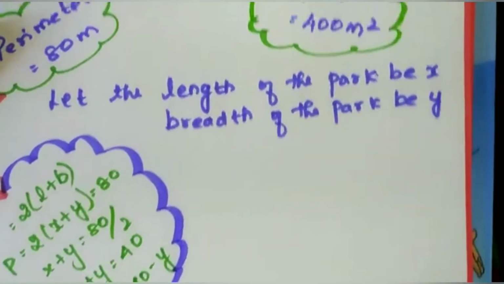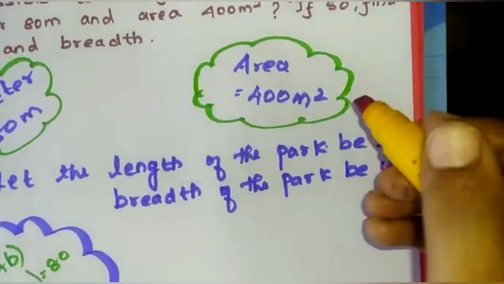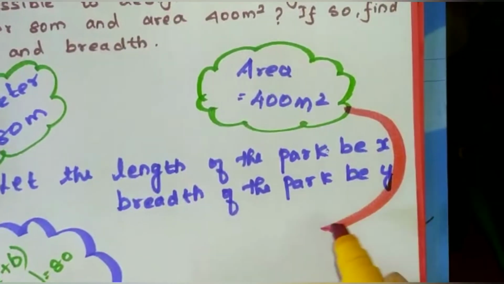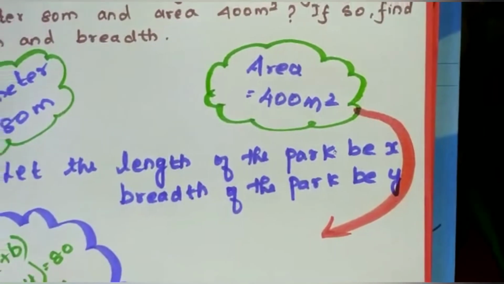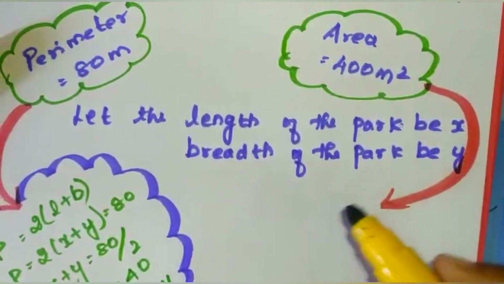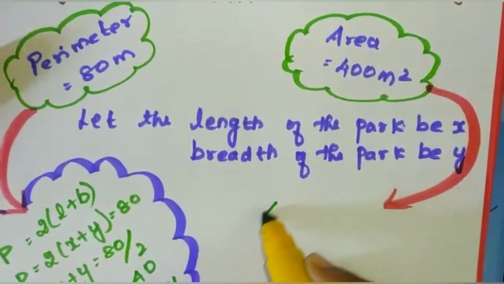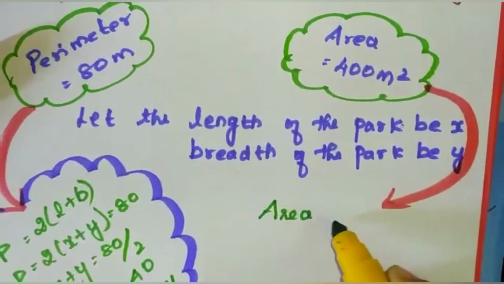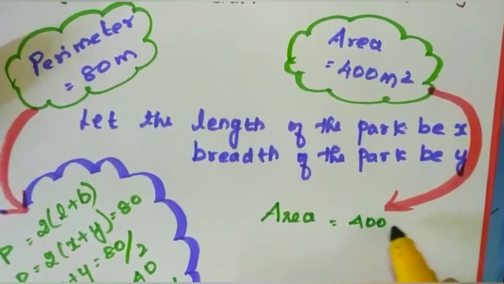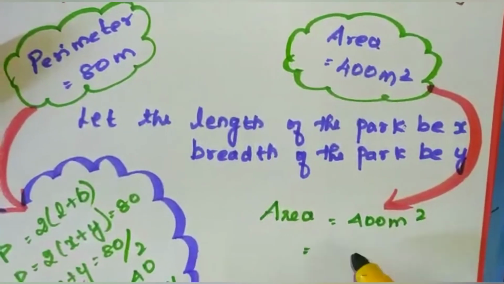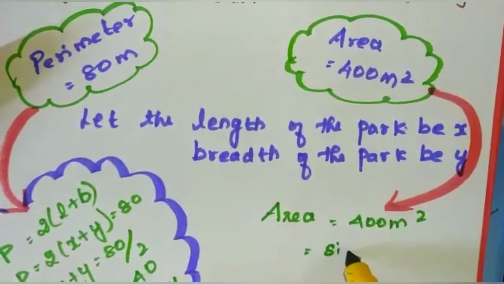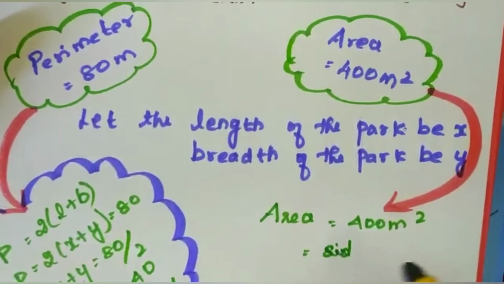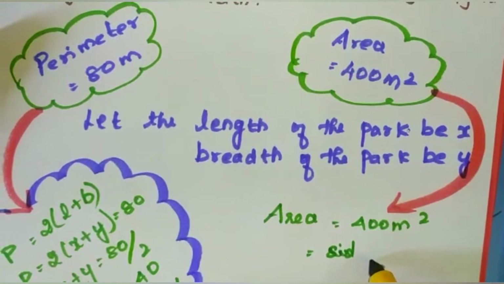Okay. The other side is area. Area is equal to 400. What is the formula for this? Side into side. Sorry, L into B. That is the area of the rectangle formula.